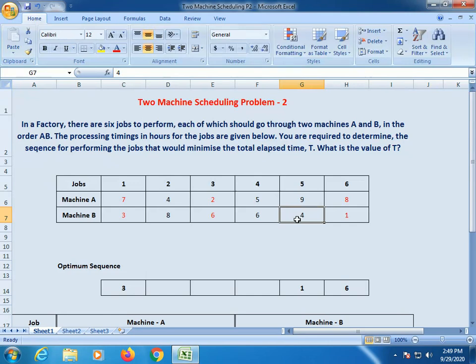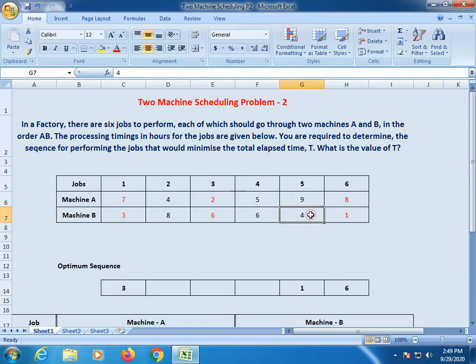What is the corresponding value? Here the corresponding value of this 4 hour is 9 hours. The opposite machine processing time we have to check.